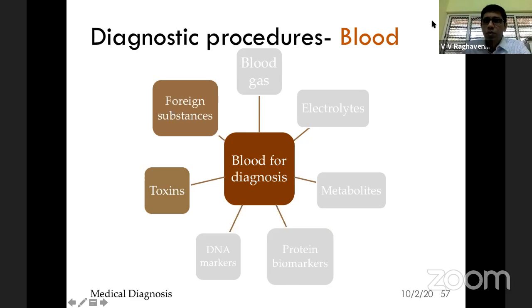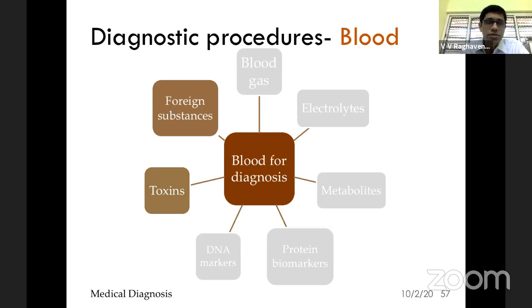When you look at these concentrations, blood gases, electrolytes, metabolites, they are present at very high concentrations. Whereas many times the proteins which are disease markers are at low concentrations, sometimes picogram per ml, femtogram per ml. Femto means 10 power minus 15 grams per ml, or 10 power minus 9, which is 1 nanogram per ml.